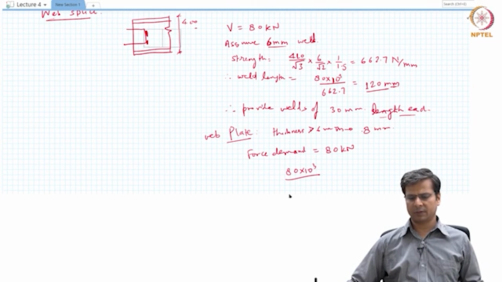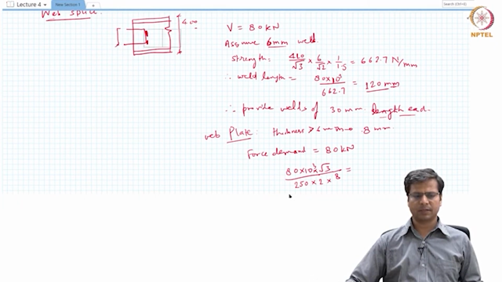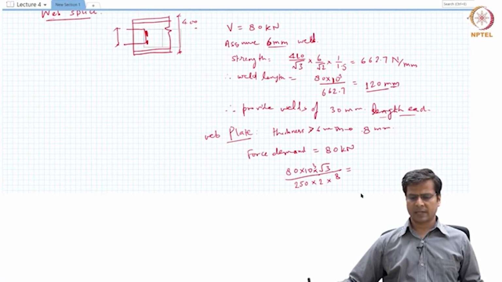Therefore, we will divide it with the 250 MPa divided by root 3. That is the shear strength. Since 2 plates are going to resist this load, this much, and divided by the thickness of the plate. So, if we are taking 8 mm as the thickness, then we can get the depth of the plate. What is the plate depth that is required? When we calculate it, we get a total depth of 34 millimeters, which is very small.